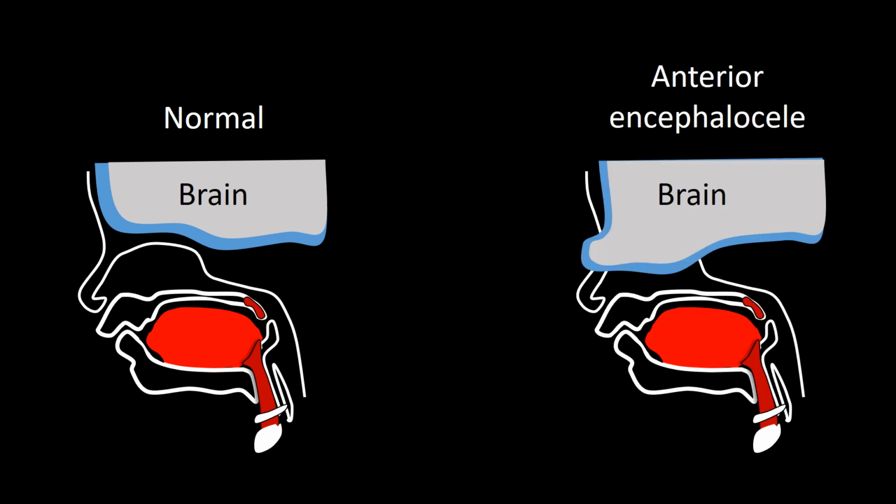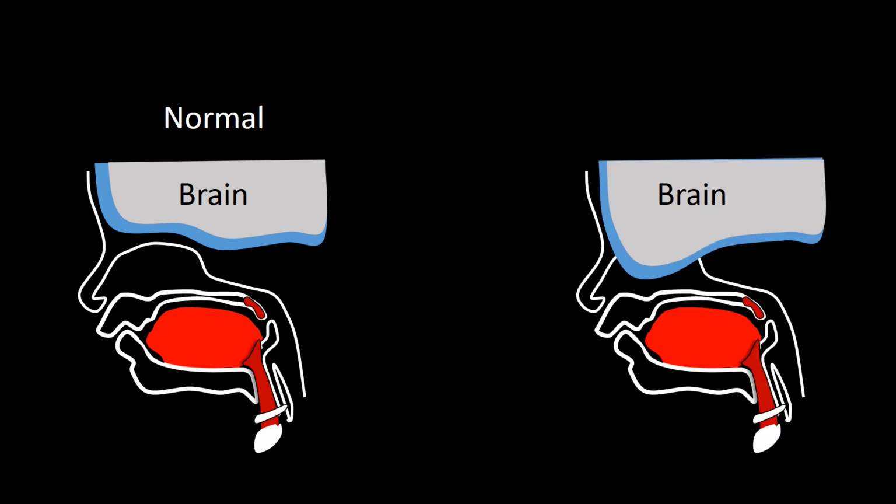This cartoon shows the normal relation between the nose and the brain. The image just added shows an anterior encephalocele. I am going to use this new frame to show you a slightly different condition. In this condition, the brain protrudes into the nose.